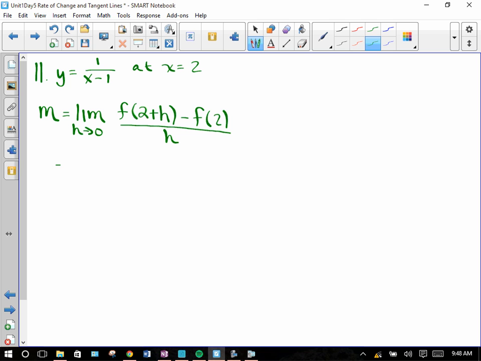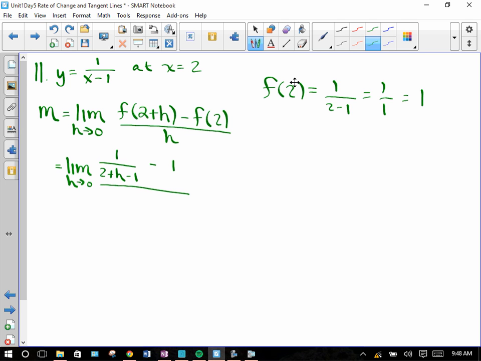That is equal to the limit as h approaches 0 of 1 over 2 plus h minus 1, minus f of 2. f of 2 is equal to 1 over 2 minus 1, which is 1 over 1, which is equal to 1. Minus 1, all divided by h.